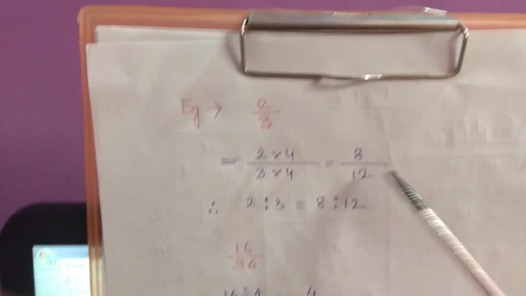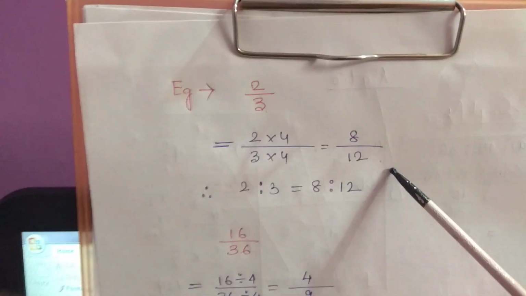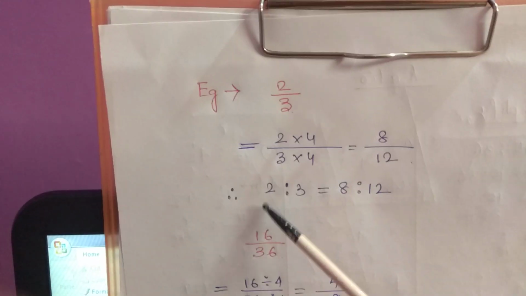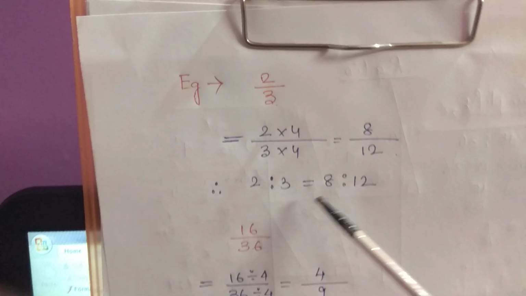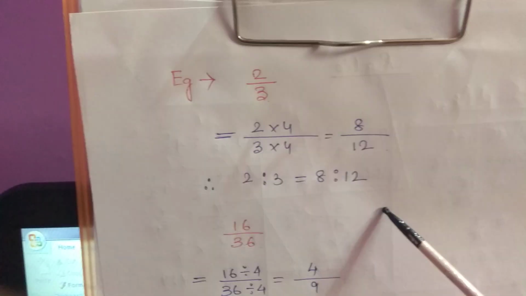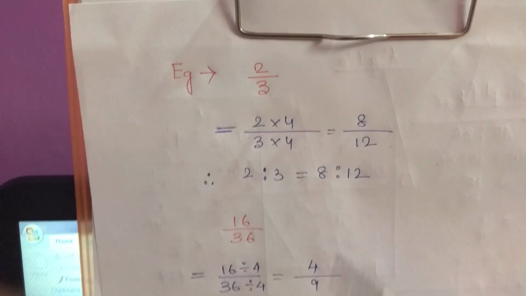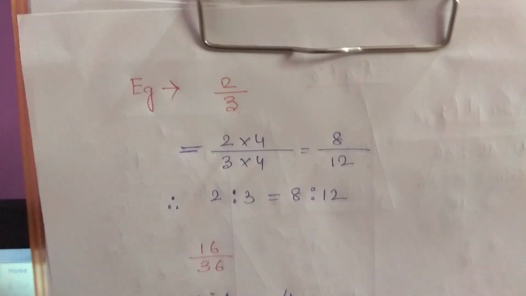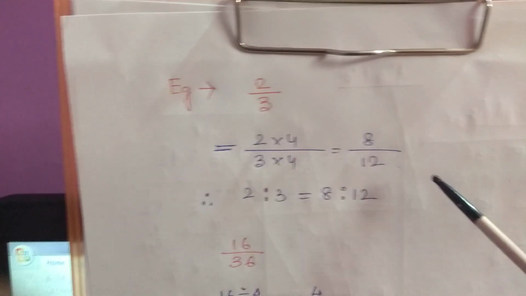Then the result I have got is 8 by 12. So according to our explanation, 2 by 3 is equal to 8 by 12. This dot dot symbol is called the 'is to' or ratio symbol. Okay, that is for multiplication.